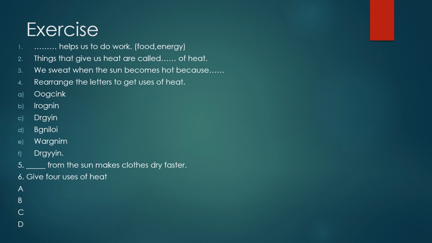We use heat for ironing. We use heat for drying things like clothes and grains, grains like maize, beans, peas, wheat, and millet. Then we also use heat in cooking food.